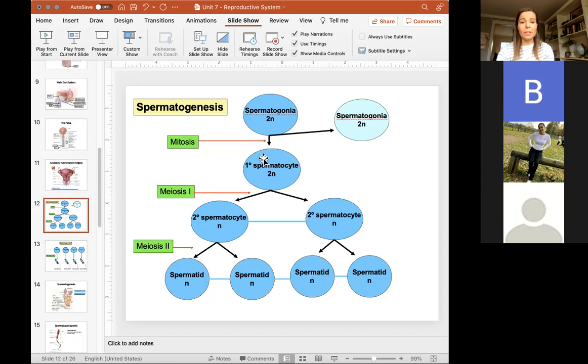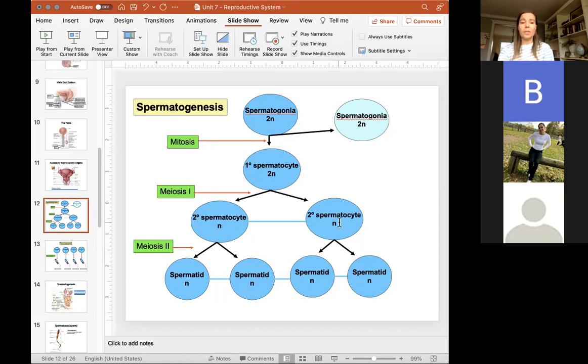So that primary spermatocyte is going to go through meiosis 1, that first division. So of all the chromosomes that it contains, they're going to separate. Half are going to go into one cell and half are going to go into the other. So now that cuts the chromosome number in half. You go from diploid to haploid cells.